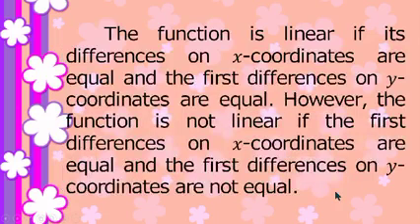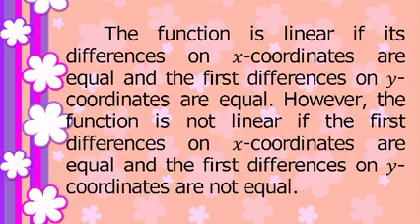The function is linear if its first differences on x coordinates are equal and the first differences on y coordinates are equal. So, malalaman natin if the function is a linear function based doon sa ating mga value na makukuha.